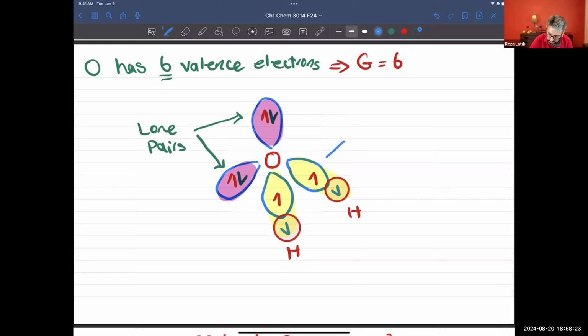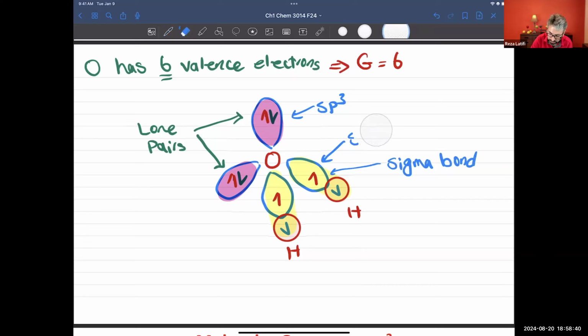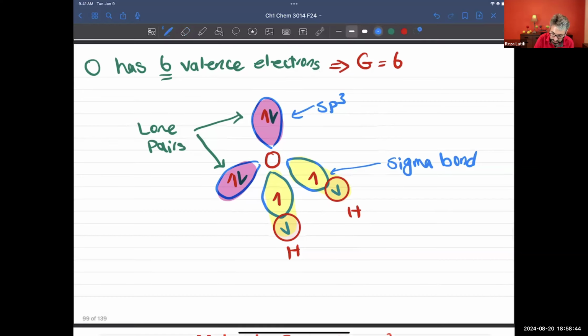And here you go. I got 2 sigma bonds. Okay, and this one is the sp3 orbital. That one as well, sp3 orbital. And this interaction, I'm going to call it sigma bond. So let me erase this one, write it somewhere else. Okay, that orbital, I'm going to call it sp3 hybrid orbital.